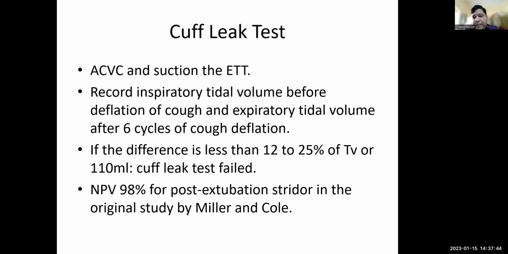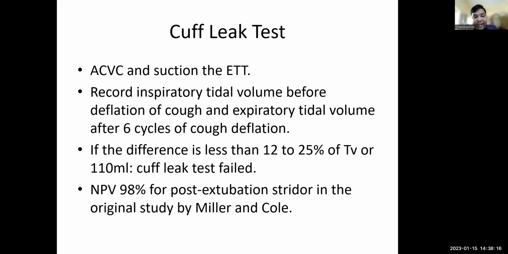Now, if the cuff leak test fails, it does not mean that the patient will not tolerate extubation. In fact, most people will not even do a cuff leak test. However, if the cuff leak test is positive, if the difference is high, that means it is more than 110 ml or more than 12%, then the chance that this patient will go into a post-extubation stridor is very, very low.